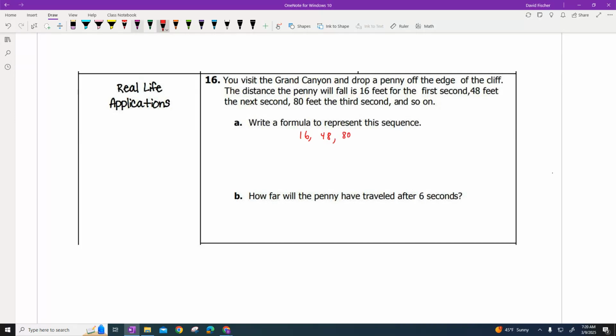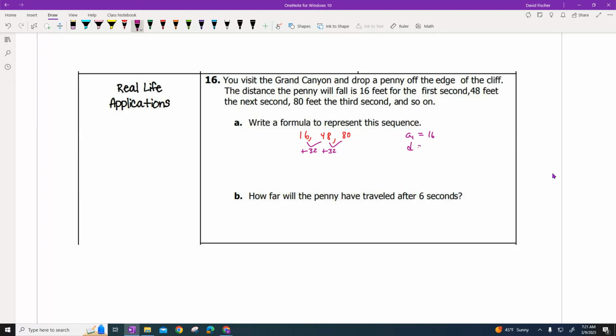So let's go find our differences here real quick. Again, I want to take second number and subtract the number in front of it. 48 minus 16. I'm getting 32. 80 take away 48. I get 32 again. So my a sub 1 is 16.